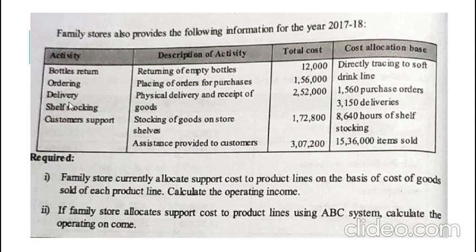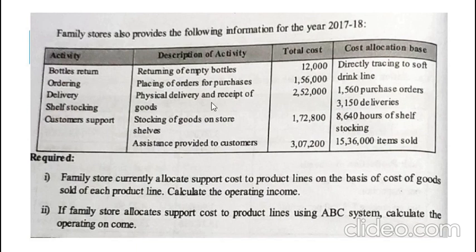Then delivery, physical delivery and receipt of goods, which is 2,52,000 and 3,150 deliveries. Then shelf stocking of goods on store shelves, which is 1,72,800, and the cost allocation basis is 8,640 hours of shelf stocking.